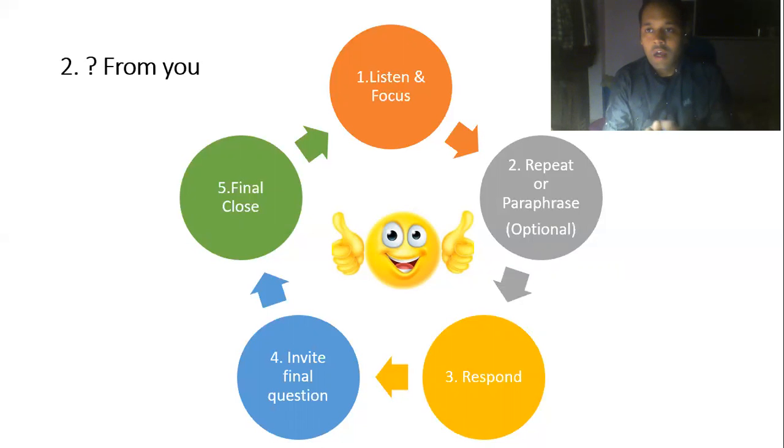One tip I want to add in the third component is that when you are listening to the question, your focus is towards the audience member who is asking it.